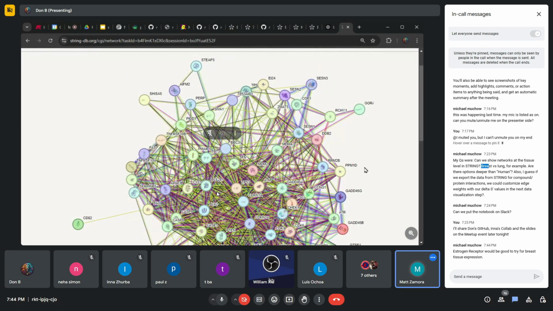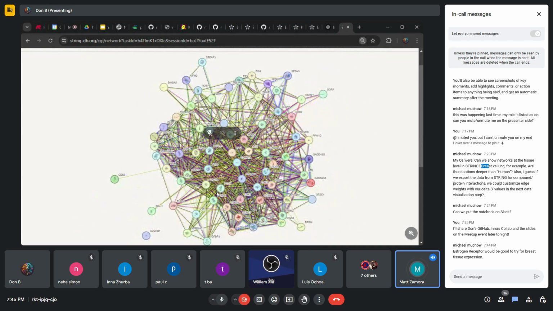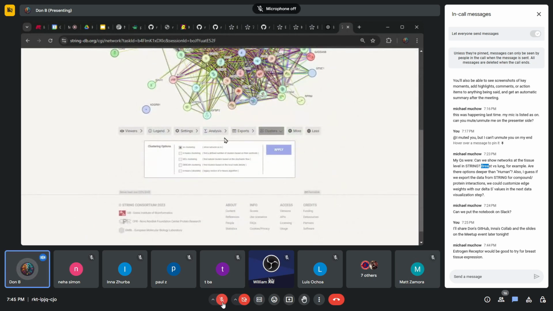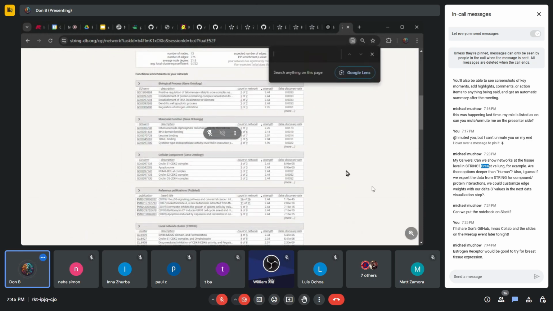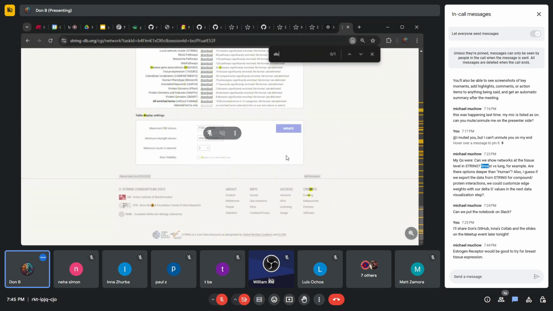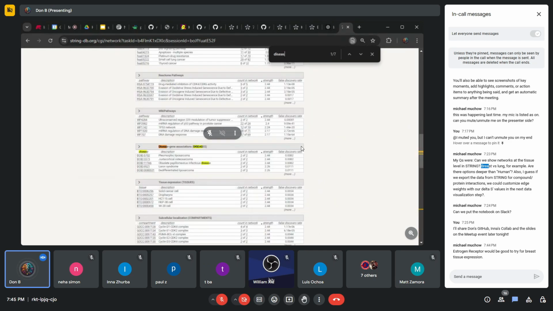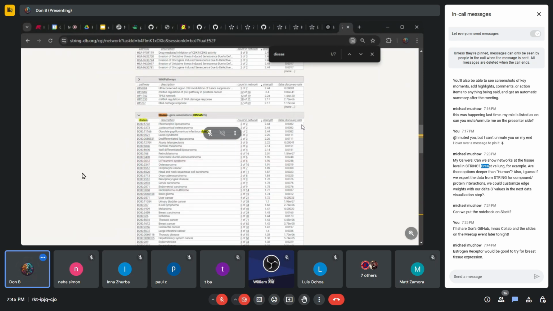Michael comments the estrogen receptor would be, for example, a good thing to search for breast tissue expression. Okay, so here, disease gene associations. You can pick, let's see, there may be more than one.